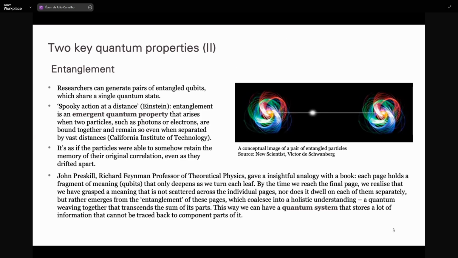I find this image very enlightening from Professor John Preskill, the Richard Feynman Professor of Theoretical Physics at the California Institute of Technology, who gave this very insightful analogy with a book. It's as if each page holds a fragment of meaning, like qubits, that only deepens as we turn each leaf.